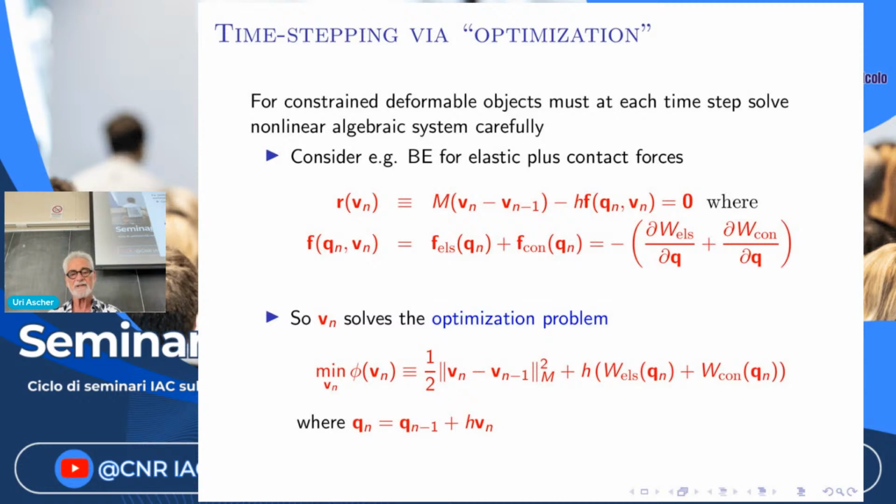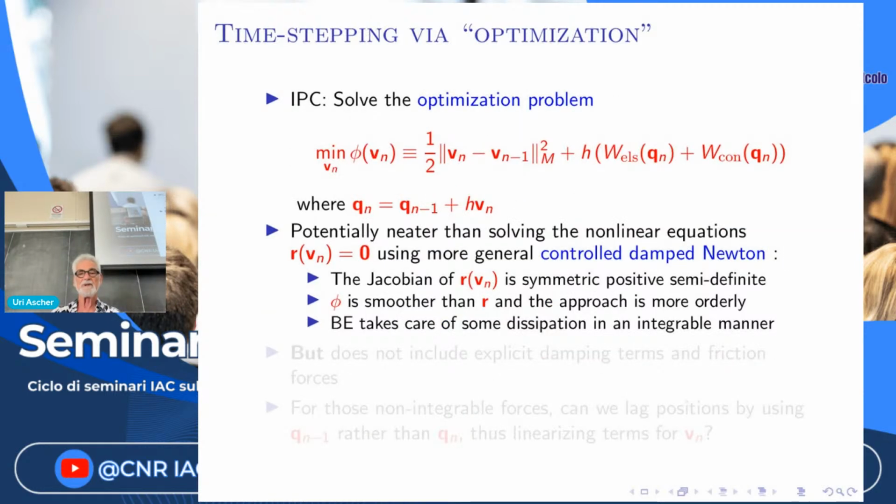And phi is simpler than, for example, taking the norm of r. You can do it with the norm of r also. Minimize the norm of r, that will give you r equals 0. But here it is more natural, and you gain smoothness. That's important here. So that's the optimization approach. And so again, the other thing is that the Jacobian of R is the Hessian of this phi.